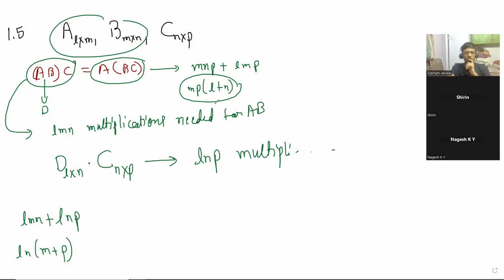Like in the first case, we should choose the matrix with the biggest row and column as M and P, instead of letting them become a product like L into N. Okay, so I understand what you're saying, but the answer will depend on which numbers are bigger, I think.